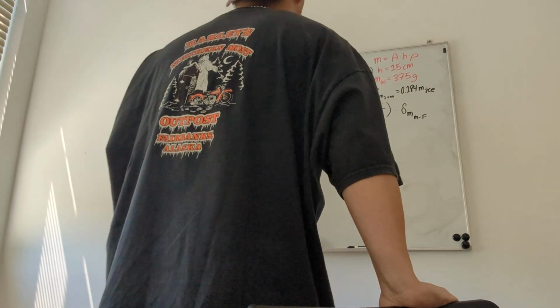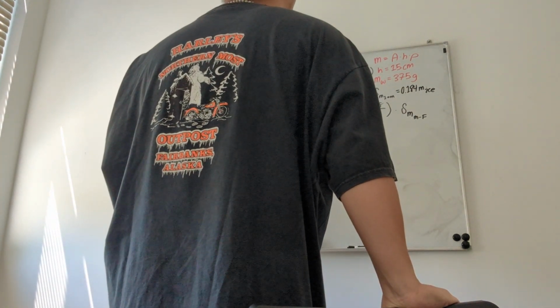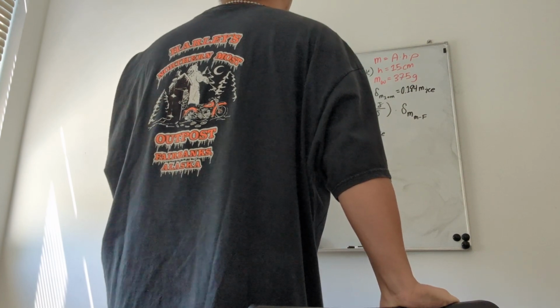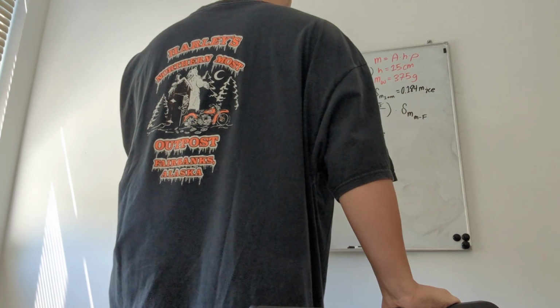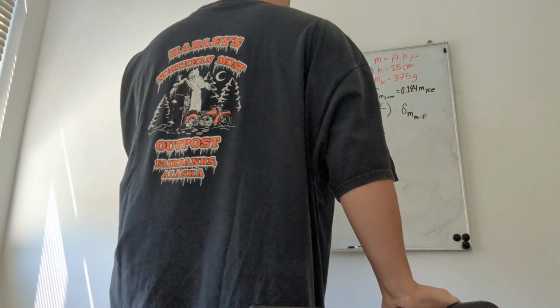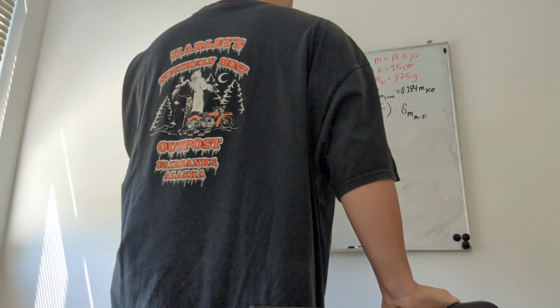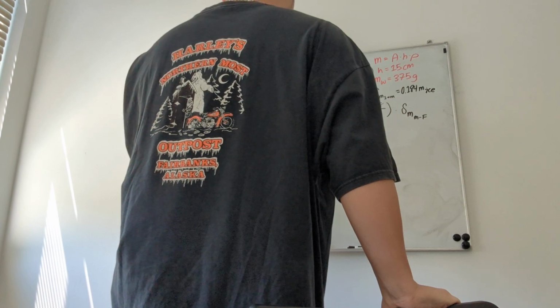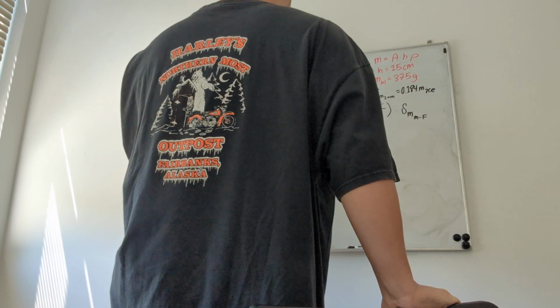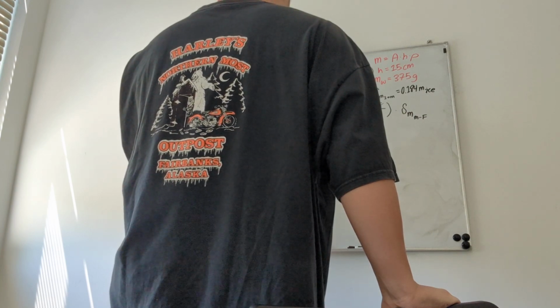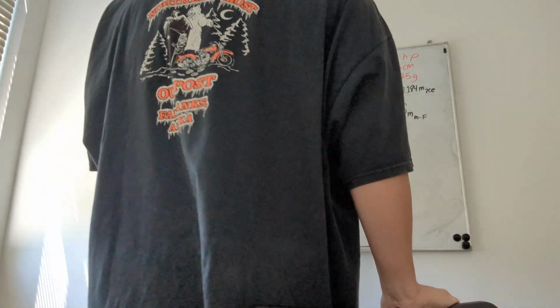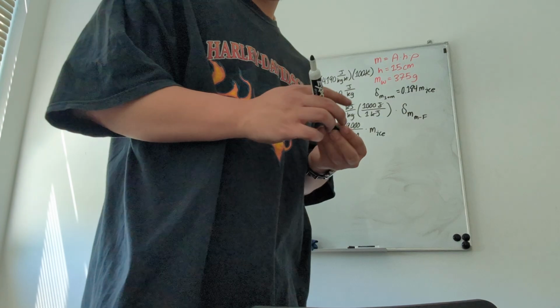Hold on. 419,000 divided by 2,256,000 is 0.1857. Hold on. That does something wrong.